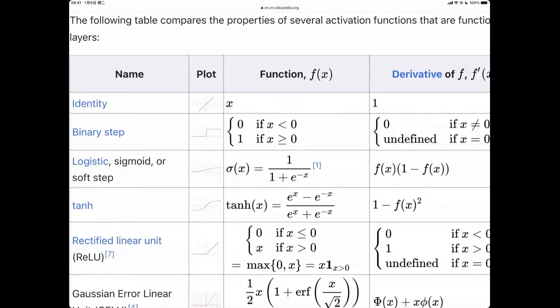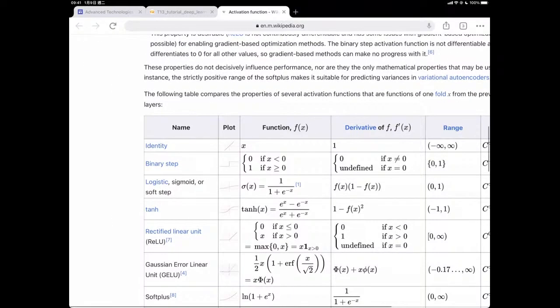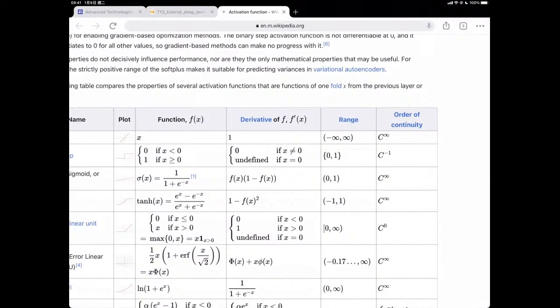The sigmoid function equals 1 over 1 plus e to the power of minus x. Its output range is between 0 and 1, which means no matter what information is received by your Y node, your Y node will calculate its sigmoid value, and the value will be between 0 and 1.